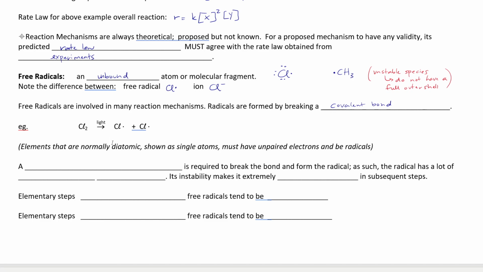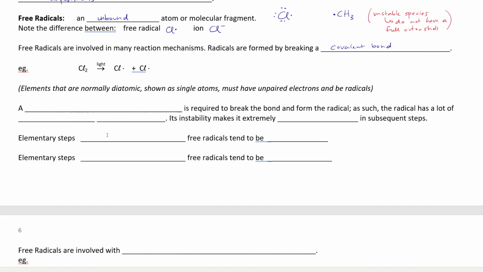An example of a free radical forming here is chlorine when exposed to certain photons. If the photons, or the packets of light, have enough energy, they can break the covalent bond apart and form two chlorine free radicals. So elements that are normally diatomic, shown as single atoms, must have unpaired electrons and be radicals, right? So this is what creates the free radical.